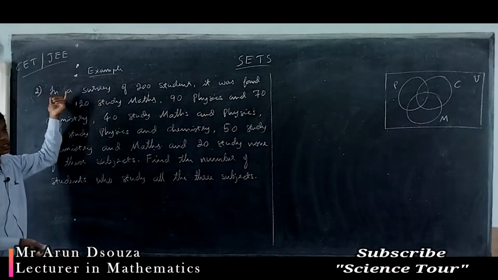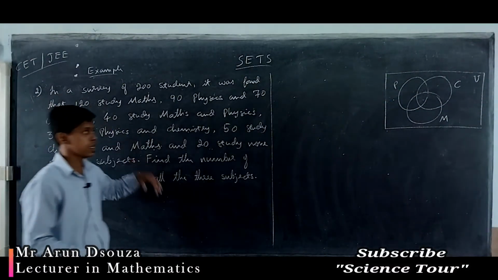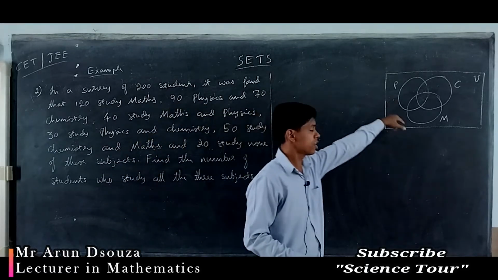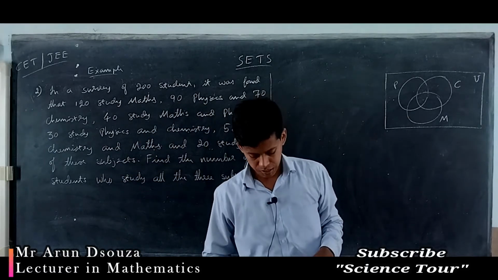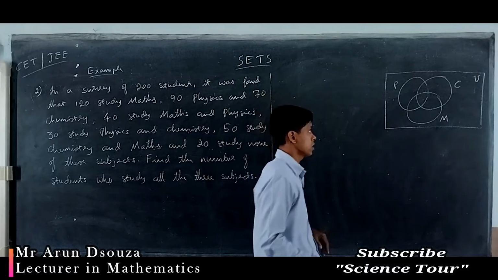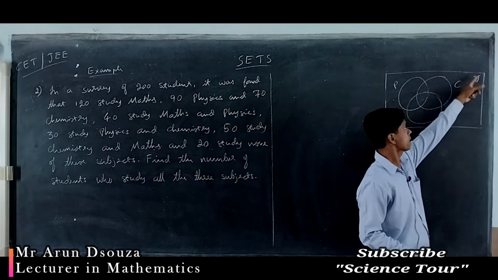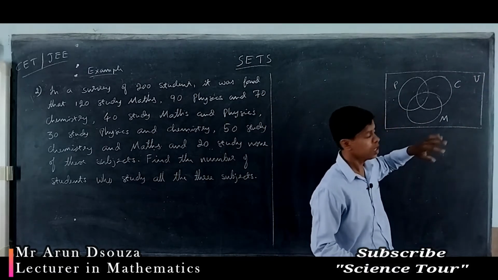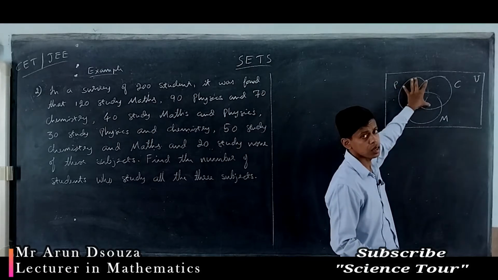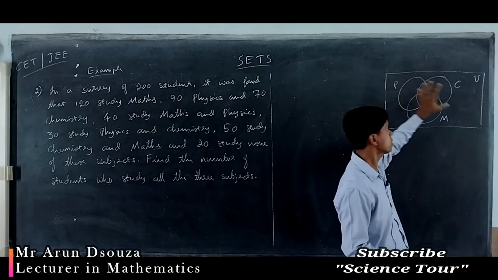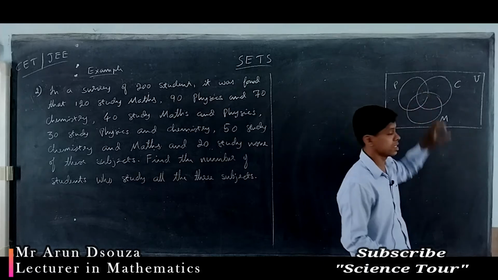You have the example which is connected to three different sets: physics, chemistry and maths in this case. You have the rectangle universal set, and you have the circles corresponding to the students who study physics, chemistry and maths.